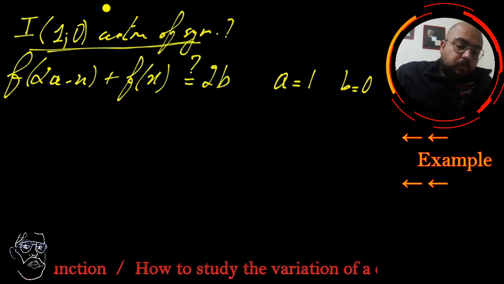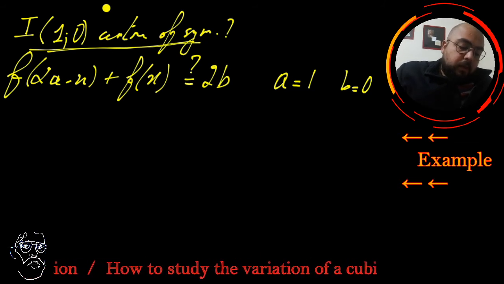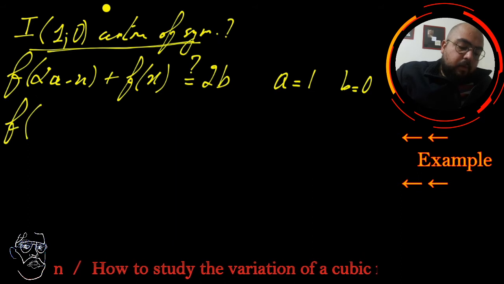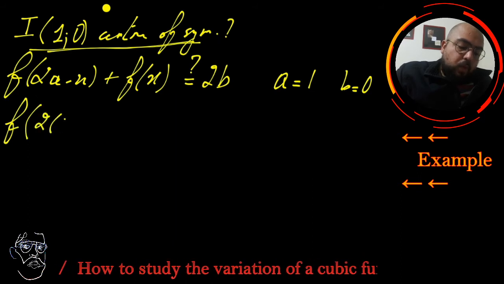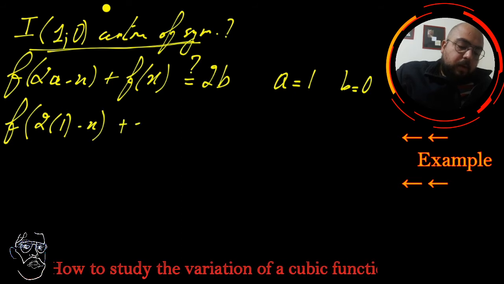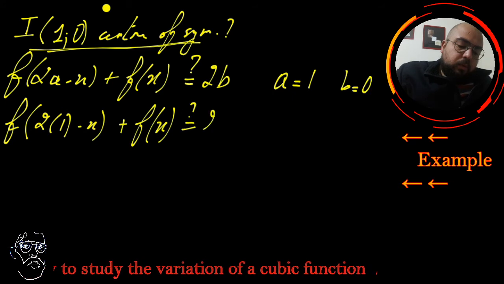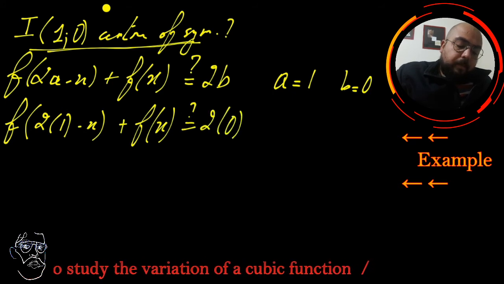Now we can start by saying that this is f of 2 times 1 minus x plus f of x. Will it be equal to 2 times 0?